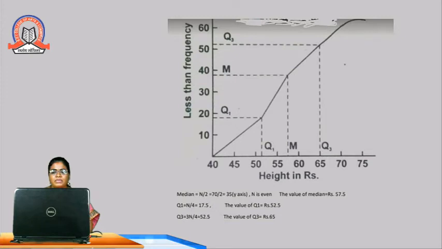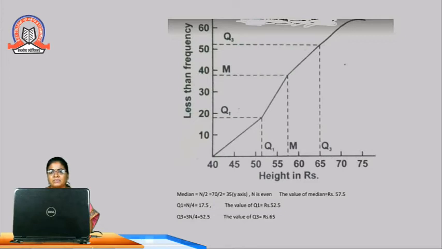Then plotting on the y-axis the value of n by 2, which is 35, we get the median 57.5. On the y-axis we plot 35, draw a horizontal line intersecting the curve, and from there draw a perpendicular line to the x-axis.